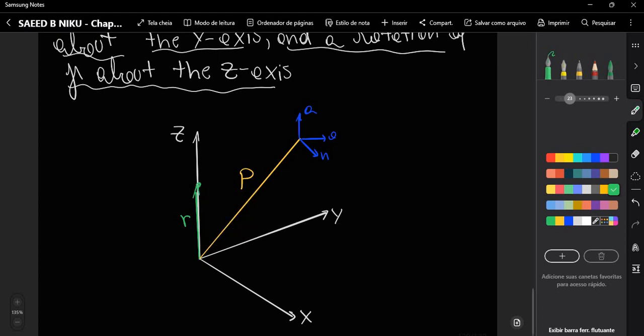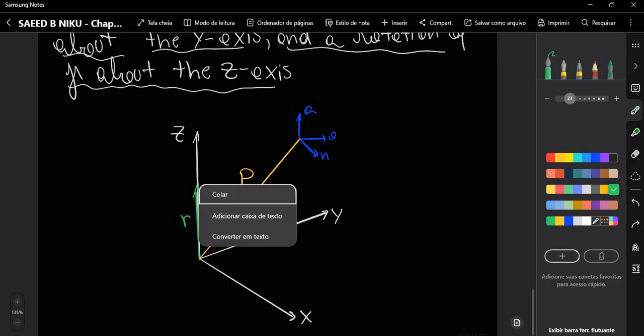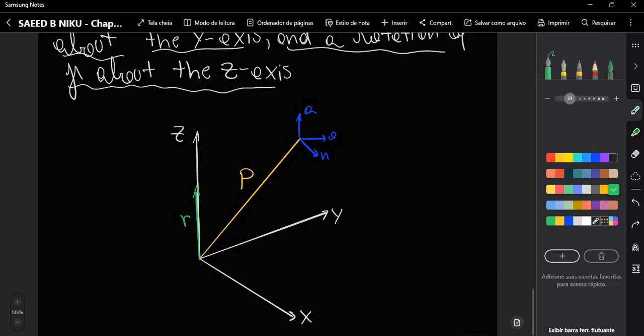And the sequence is after the translation of R along the z-axis, it is doing a rotation of beta about the y-axis. So from here, we will do a rotation and it is about the y-axis, but the y-axis is right here.